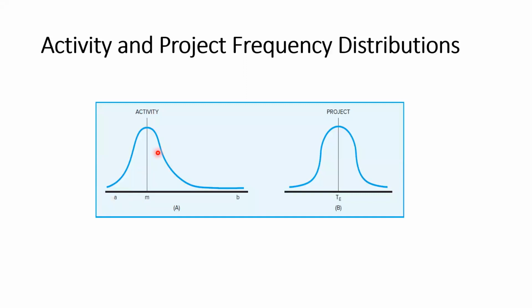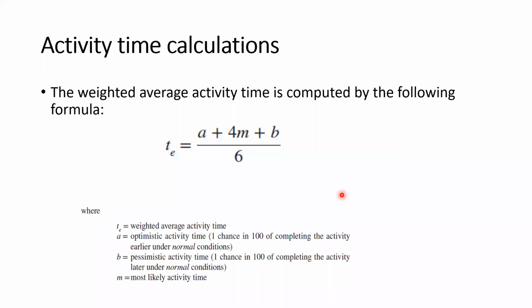In between there are several times, or if all the things go wrong, we will take a longer time to complete one activity. And for a project, we get a middle time. You can understand those things when I'm explaining the question for you. Right, so the activity time calculation.